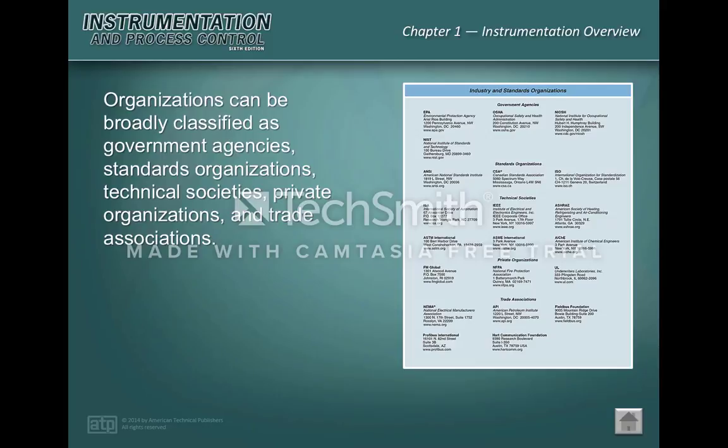That's where we run into the EPA. The CSA, and the IEEE and ISA. These are programming, automation, controls engineers societies. As we look down, NEMA you should have heard about before.